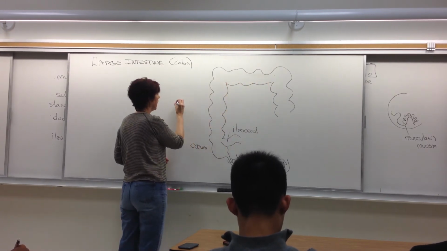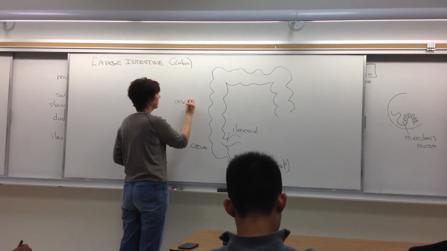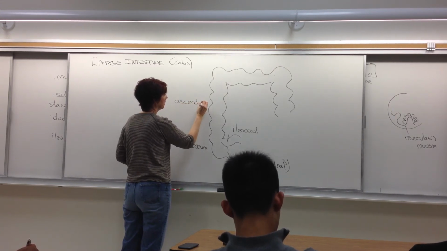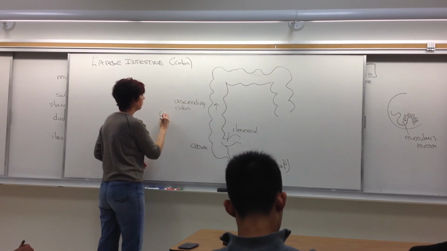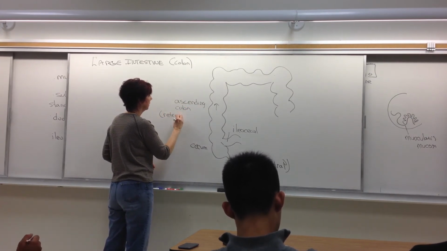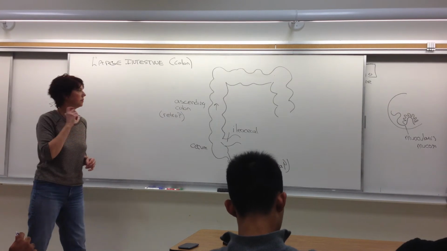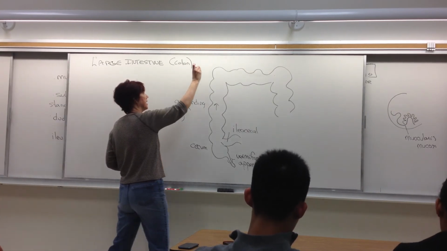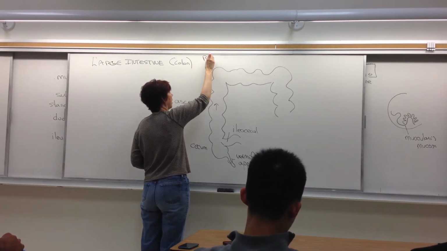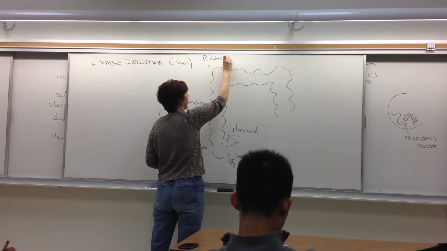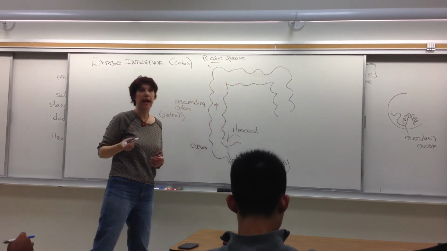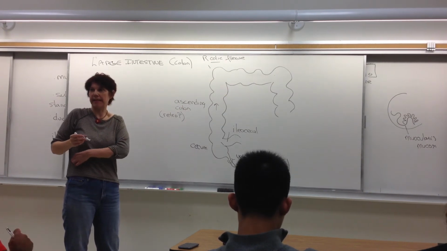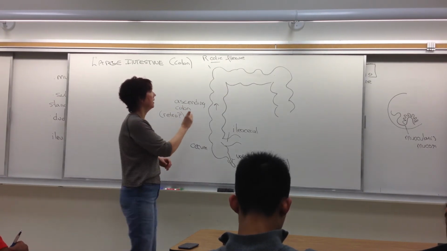So this is known as the ascending colon, and this is retroperitoneal. This bend is known as the right colic flexure, or because it's close to the liver, the hepatic flexure. And there is mesentery that suspends it in position.